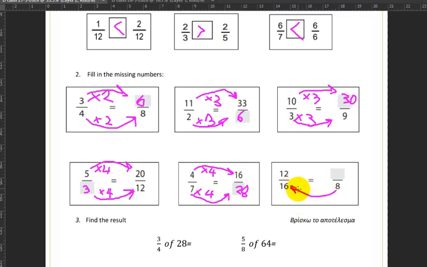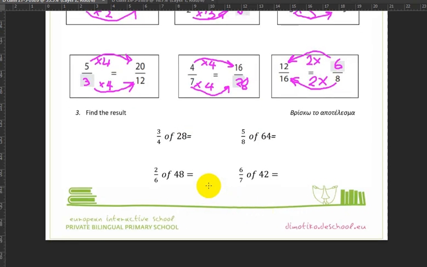Or you just have to draw the arrows going this way. And you can say 8 times what makes 16? And the answer is times 2. So what times 2 makes 12? The answer is 6 times 2 makes 12.